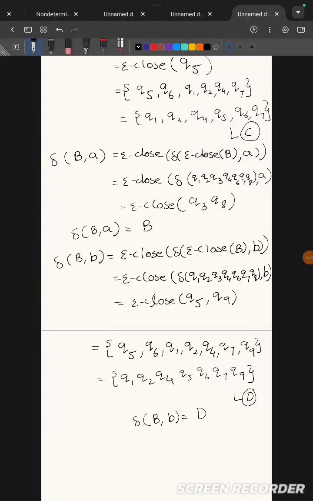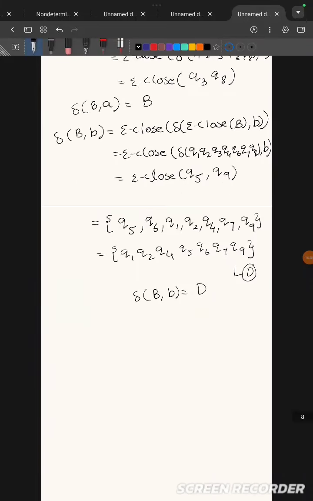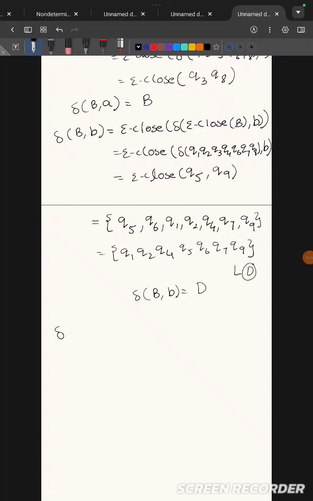Similarly, we have found state C, right? For that we have to apply the symbols small a and small b. This sum will be a little lengthier, so it will take a little time for you to solve. Epsilon closure, transition, epsilon closure for C on symbol a.